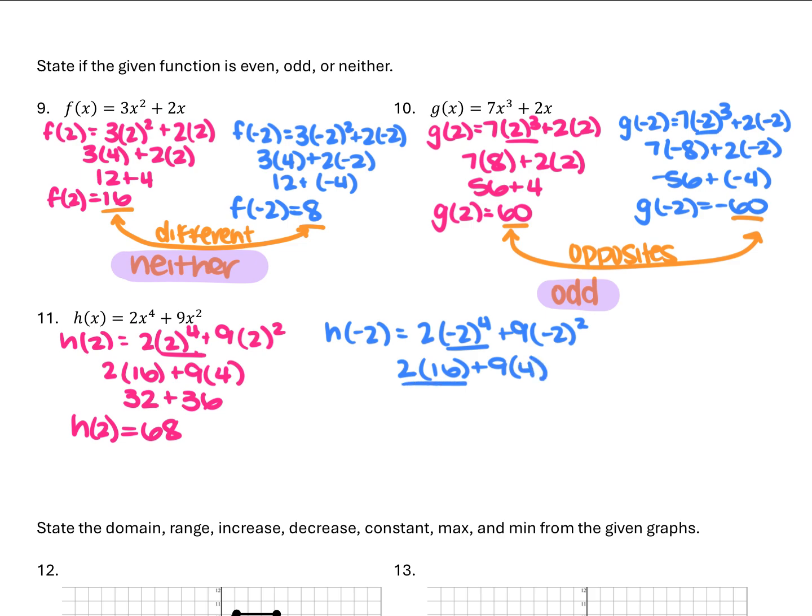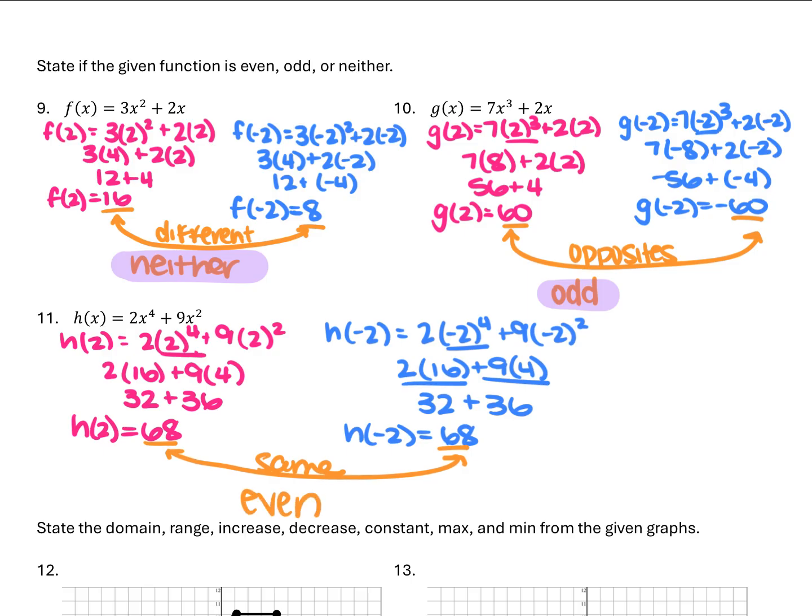So this will simplify, doing your 2 times 16 to be 32, plus your 9 times 4 is 36. So your h of negative 2 is equal to 68. These two are the same number, same sign. So because they're the same, this function is even.